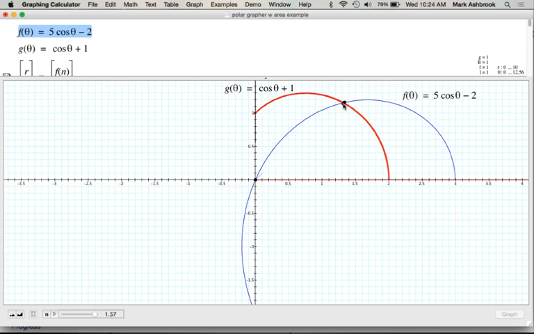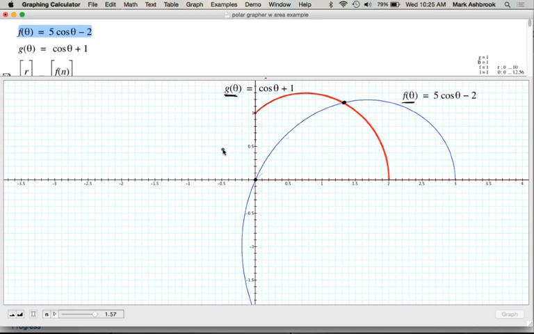So points of intersection. How can I nail down the coordinates of that point, whether r, theta or x, y? Set what equal to each other? Those f of theta and g of theta are values of r.